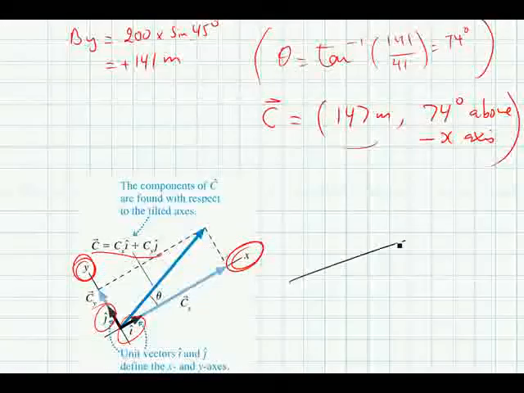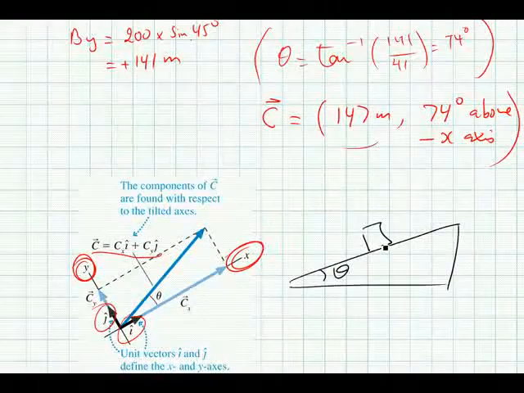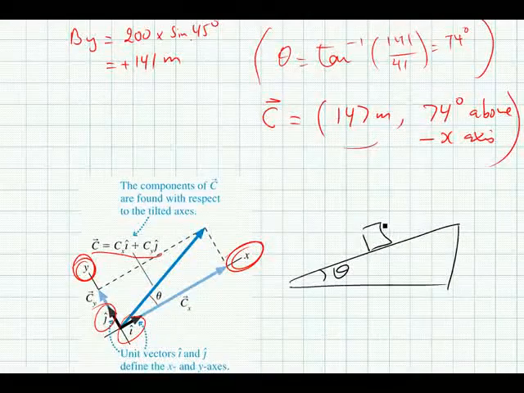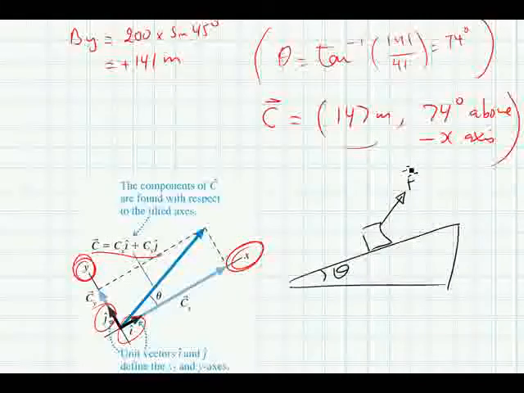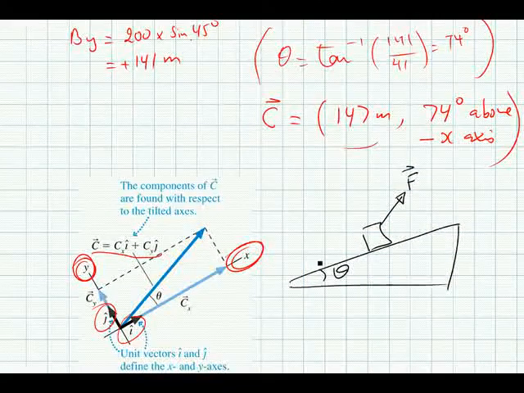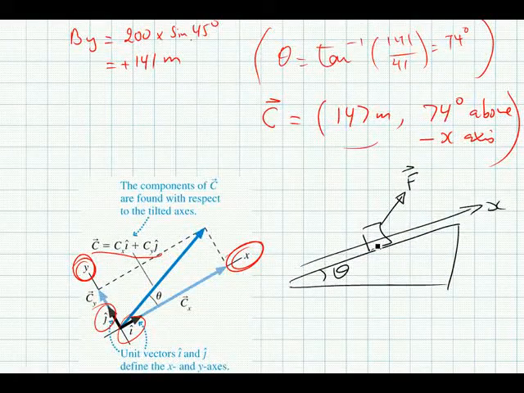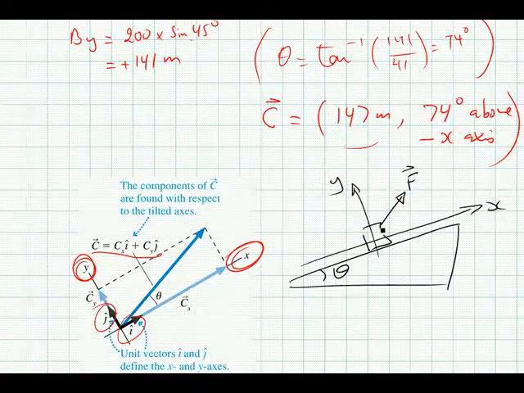When do we encounter such cases? Well, let's say we have a slope. Slope is the angle theta, and there's a box which is being pulled by some force F. Now it is best to choose our x-axis along the motion of our object, and that defines the y as being perpendicular here, of course, to x.